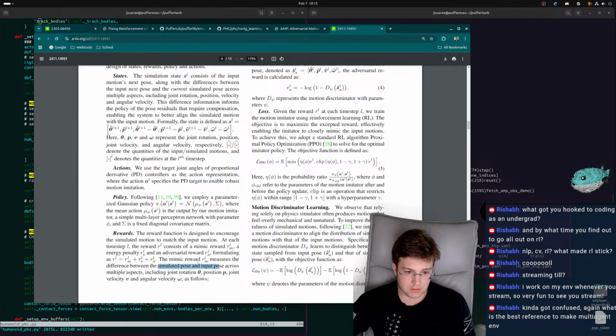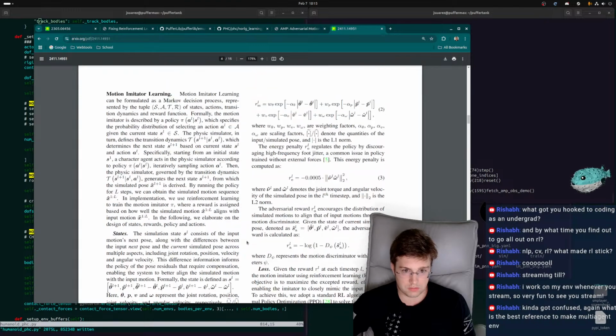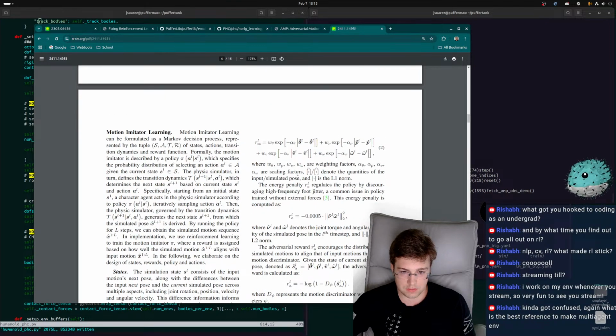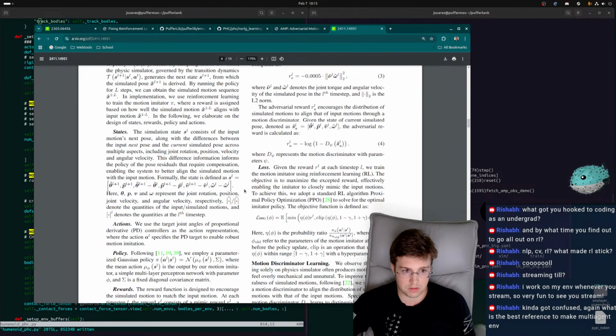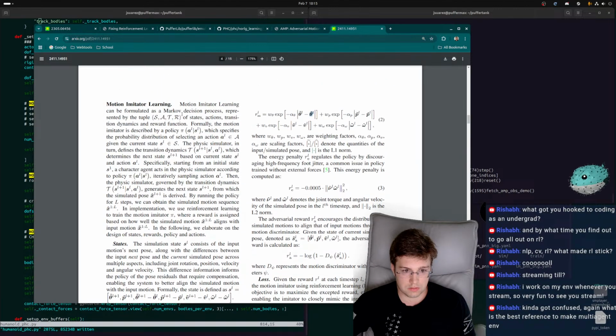I guess input pose is going to be the demo. So hat is the demo, I guess. Test data we use as a subset. Was the format the same? Yeah.